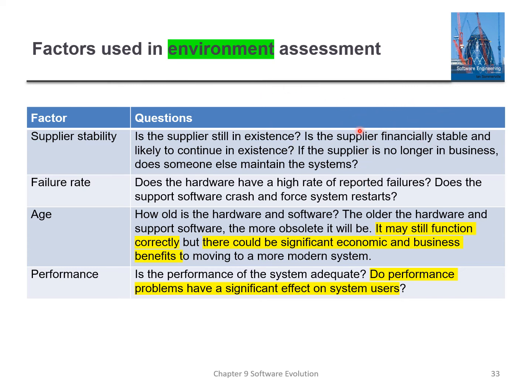So maybe in the future, that supplier decided to stop supplying the hardware, for example. So what will be the effect? Okay, we have to look at the failure rate produced by the legacy system. Is it high or not? Does it produce the performance that you want?